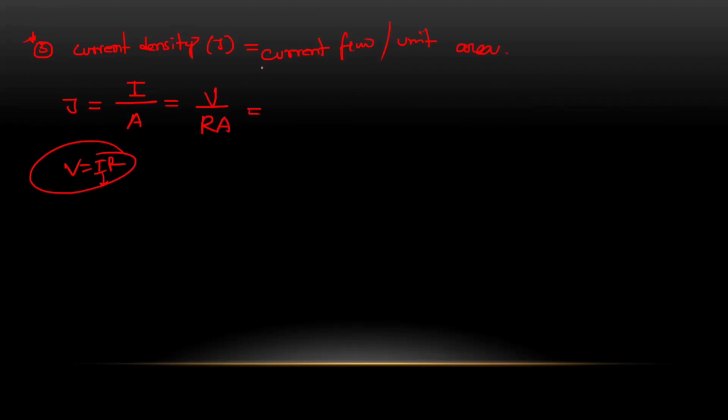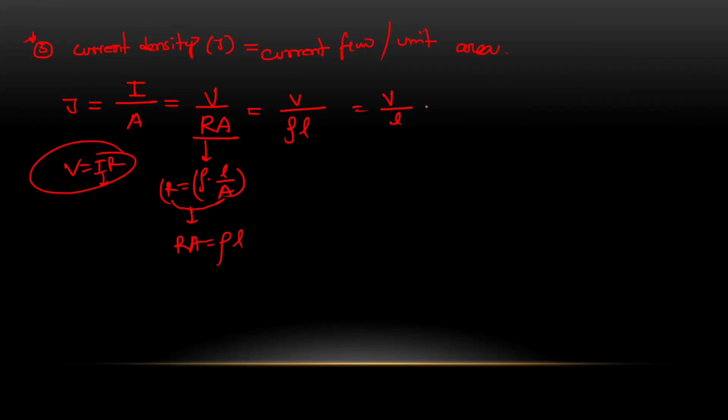Now we know R equal to rho into L upon A. So R into A means rho L. So RA I am replacing with rho L. So J equals V by rho L. Now we can write V by L into 1 by rho.